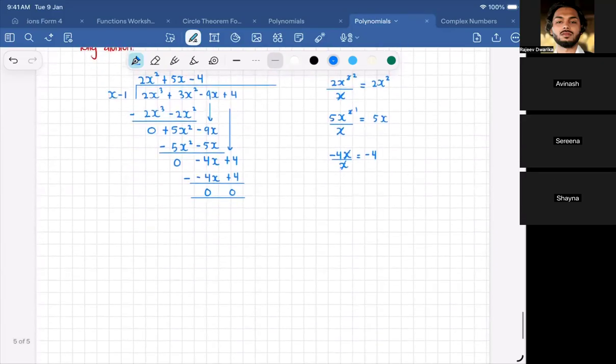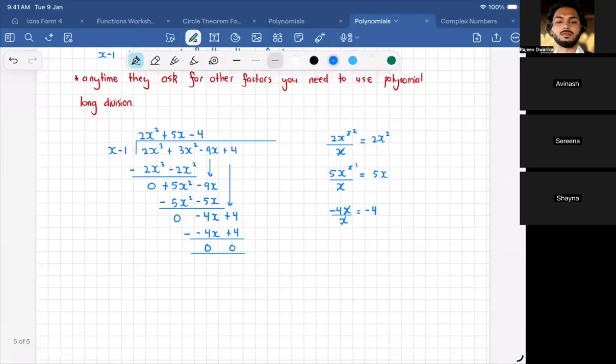x minus 1 is one out of the 3 factors, so what is the other factor? We just now divide. Remember, anytime we divide a factor by a number, we get back another factor. So what was the new factor we got? 2x squared plus 5x minus 4.